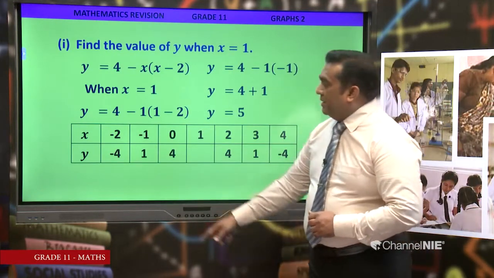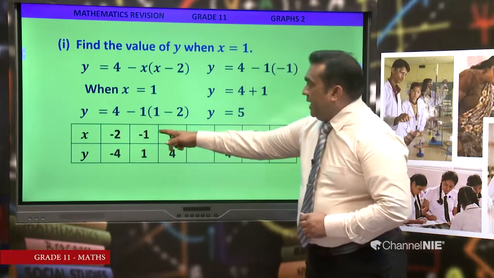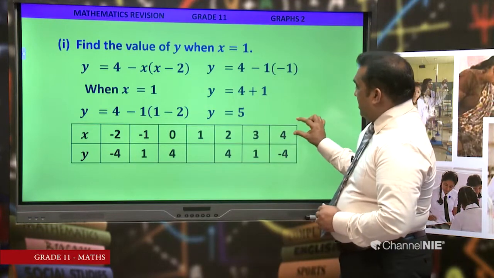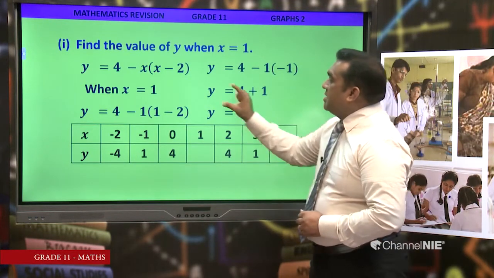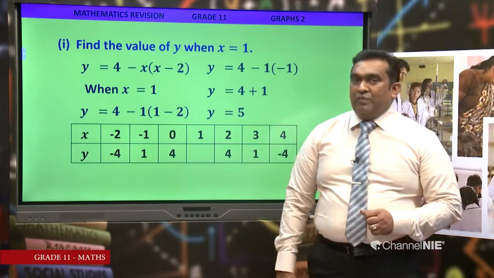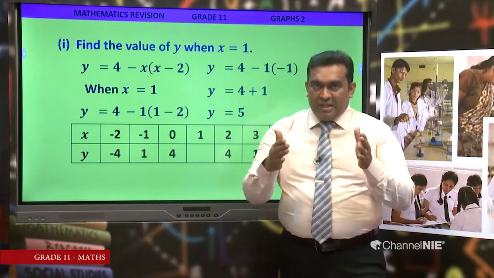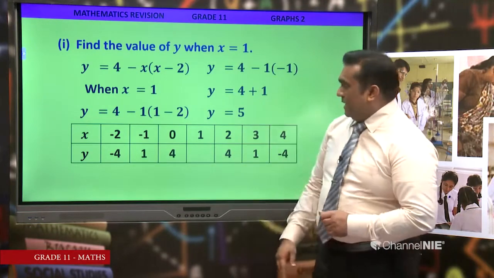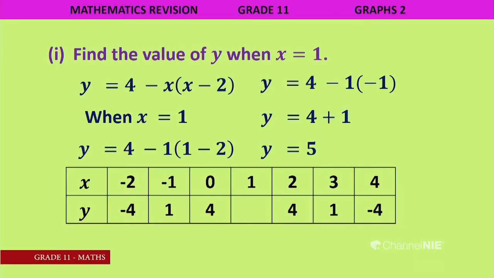If you consider the range of x, the positive part is larger than the negative part. You have to pay attention to the range of values of x when drawing the x-axis: minus 4 to plus 4. The maximum value is 5.